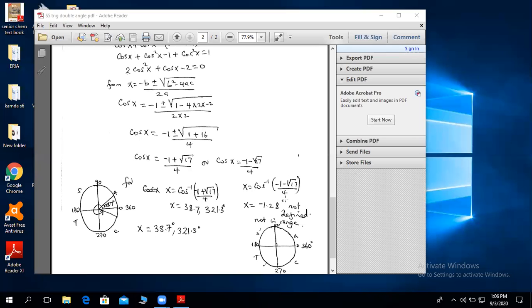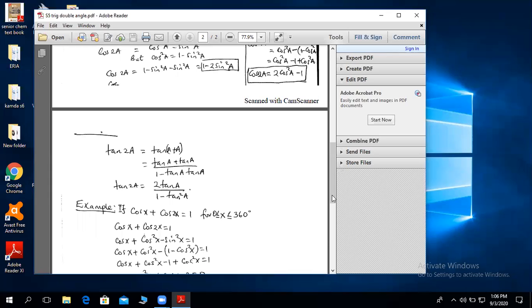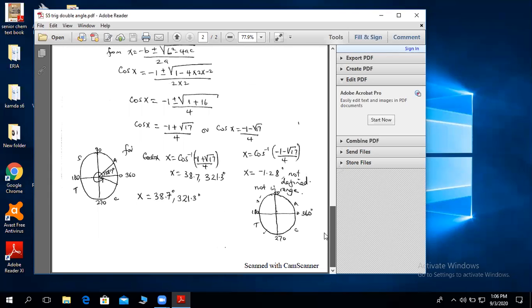Now, cos arc of this thing, remember it is going to be a negative. It gives you negative 1.28. But negative 1.28 does not lie in the range which we are given of 0 and 360. So we shall ignore that because it is not in the range.